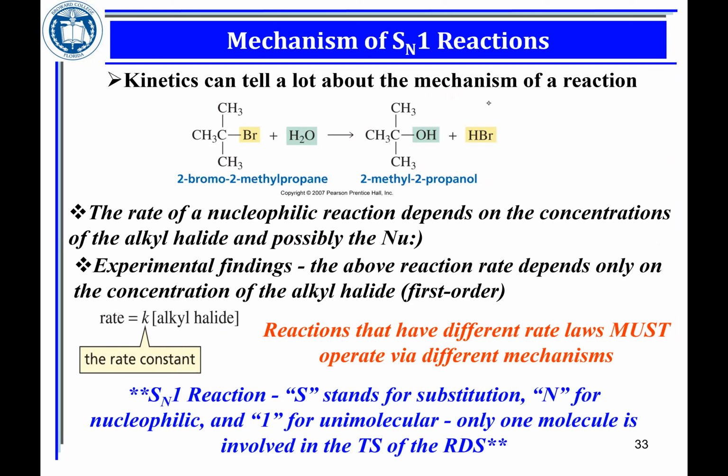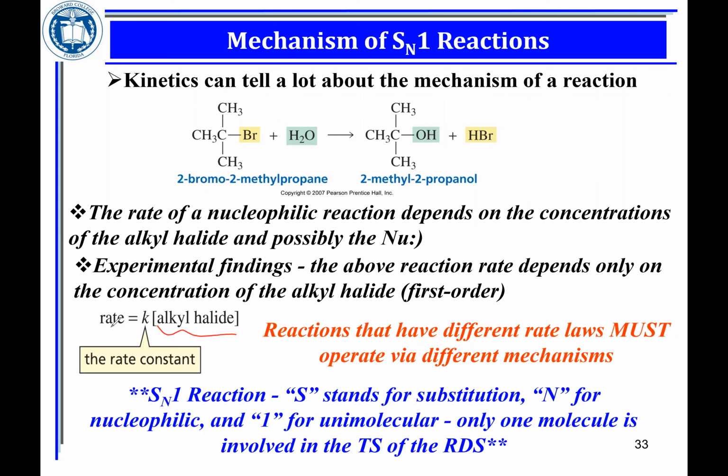Now, what they found experimentally for this reaction of 2-bromo-2-methylpropane, a tertiary alkyl halide, and water, is that the rate of the reaction does not depend on the concentration of the nucleophile. It only depends on the concentration of the alkyl halide.